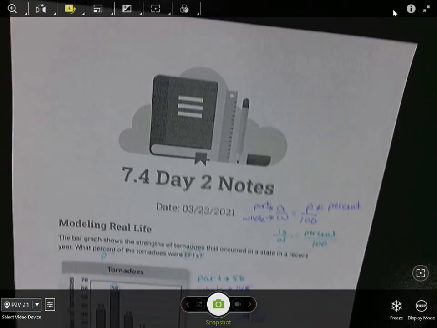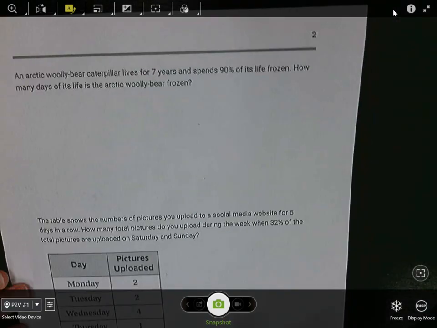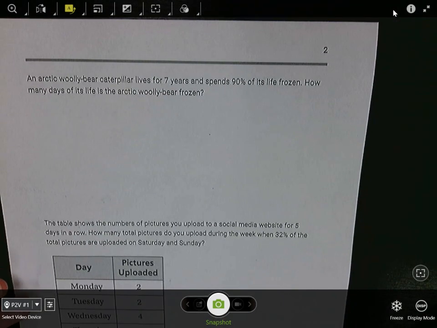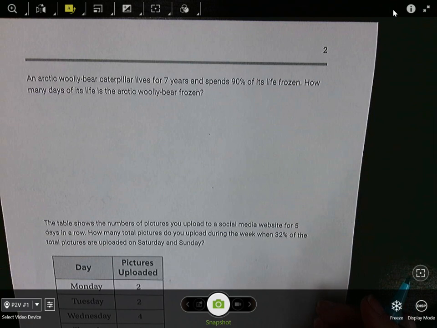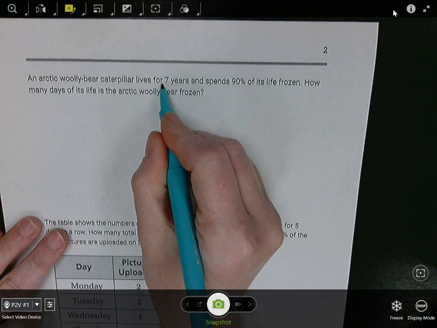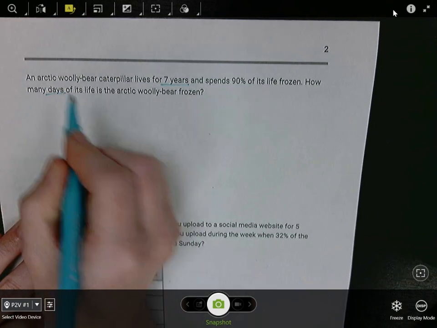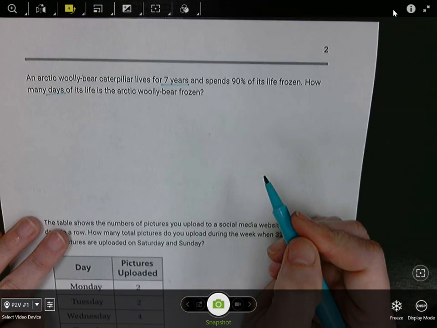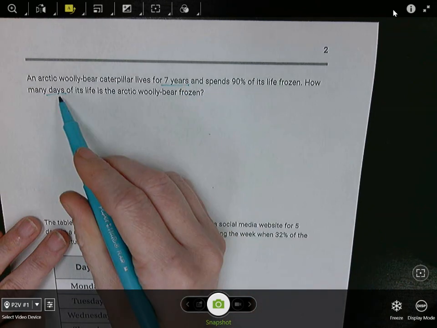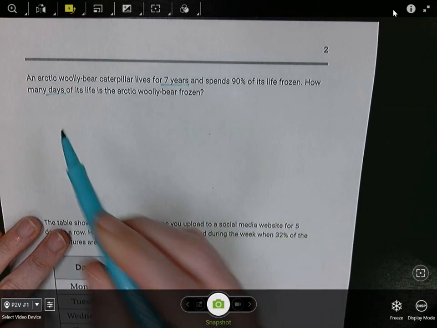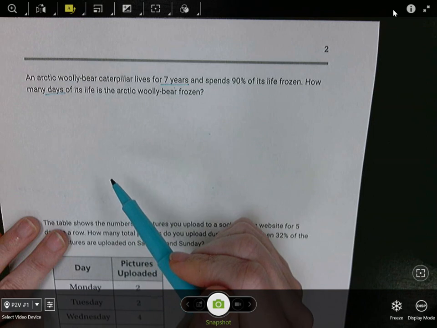All right, let's try another example. An Arctic woolly bear caterpillar lives for 7 years and spends 90% of its life frozen. How many days of its life is the Arctic woolly bear frozen? They gave it to us in years, and this says how many days. So you need to figure out how many days are in 7 years.